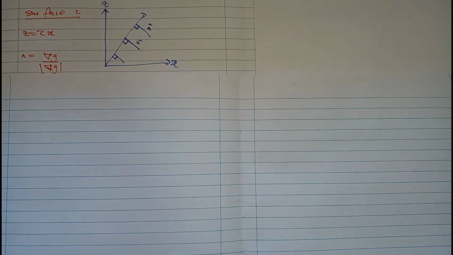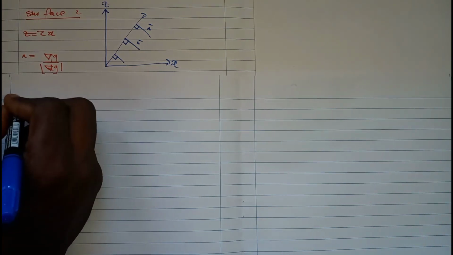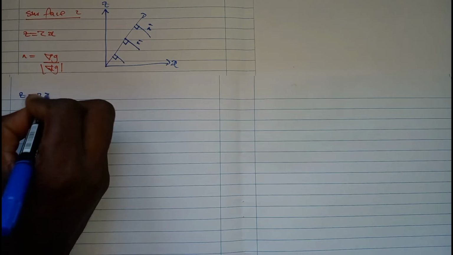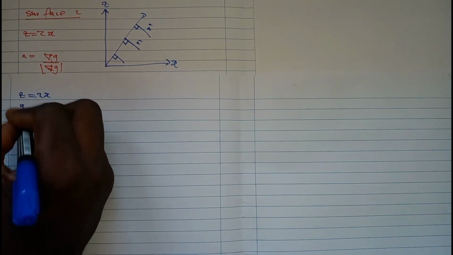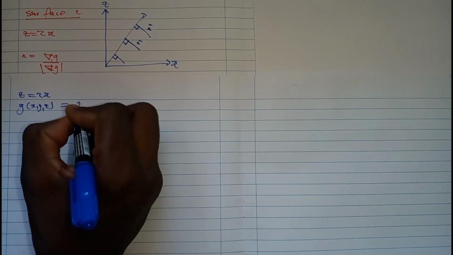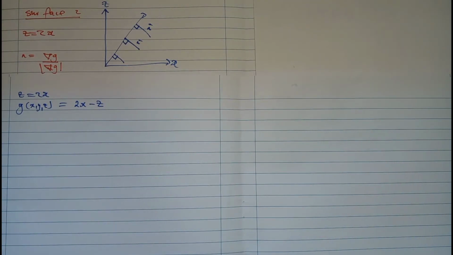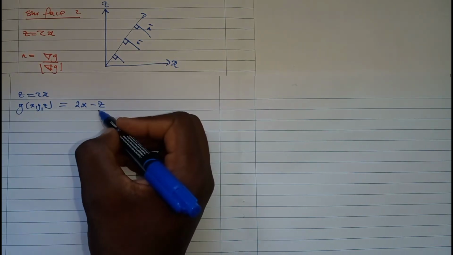And we're given that our plane is 2x. So if our plane is 2x, that means z is equal to 2x. Let's create a function g of x, y, and z, and this is going to be 2x minus z. You have to make sure that the coefficient of z is 1.